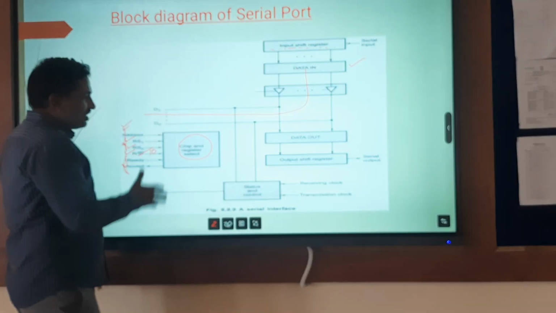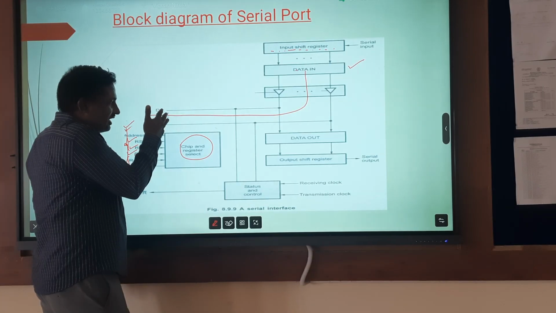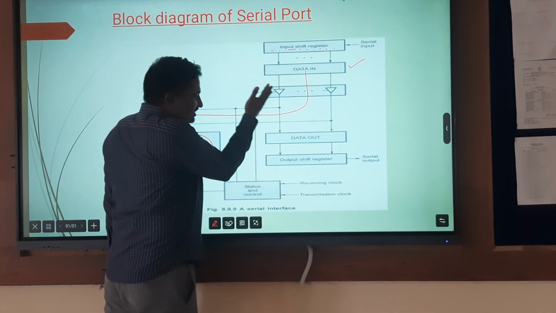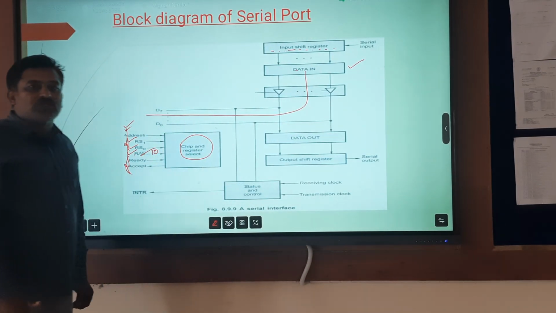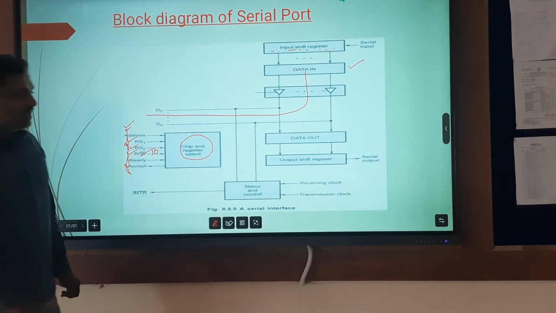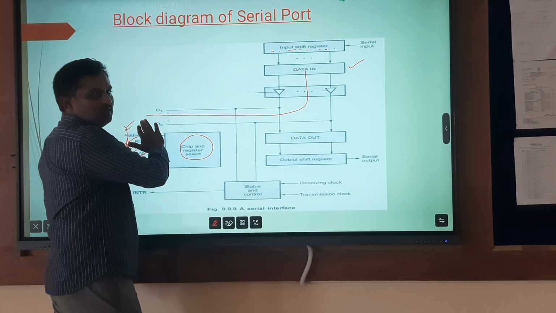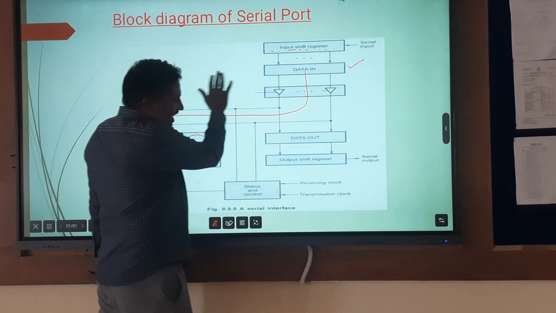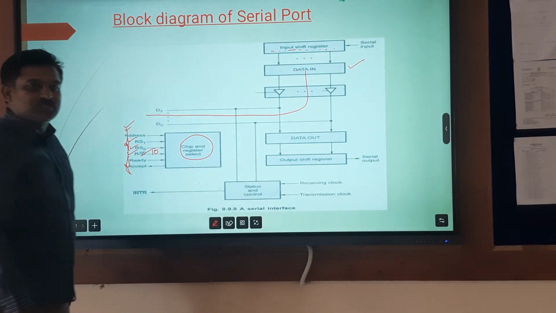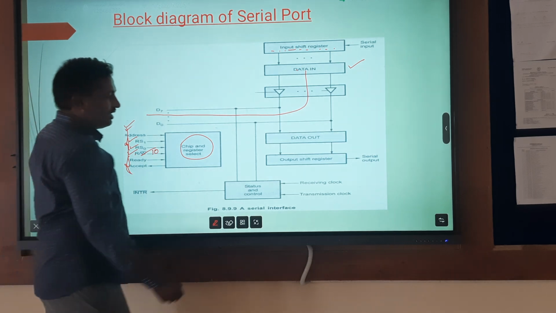At that time, initially the data in the data bus is transferred to the data out register parallelly. Why? Because this end is at the processor side, and the processor side is in parallel form. So the data enters the data out register parallelly.